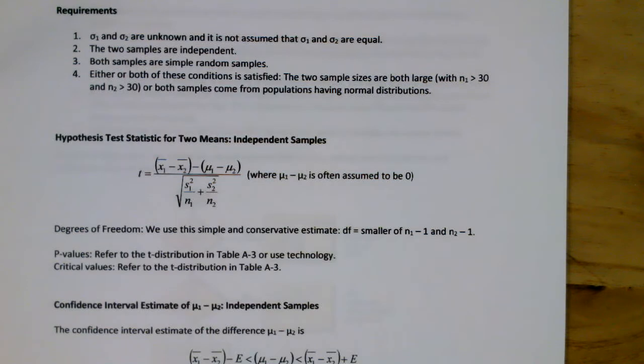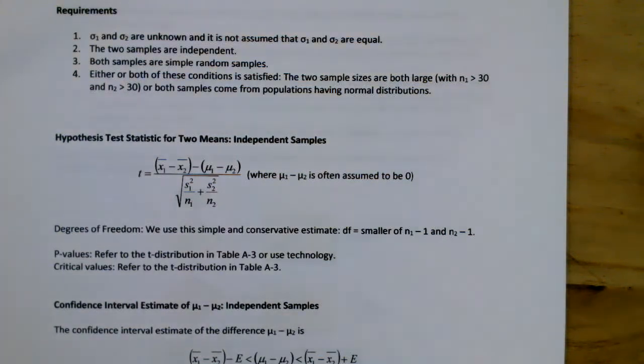Number 3, both samples are simple random samples. And number 4, either or both of these conditions is satisfied: the two samples are both large, where N1 is greater than 30 and N2 is greater than 30, or both samples come from populations having normal distributions.